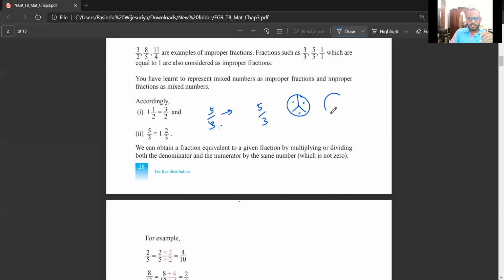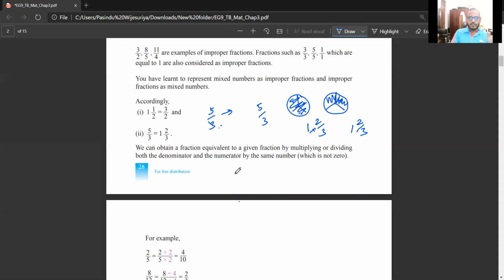And from the second circle, 2 parts are full. So here everything is full. Here 2 parts. So that is why for circle 1, and this is 2 parts out of 3. So that is 1 and 2 over 3.